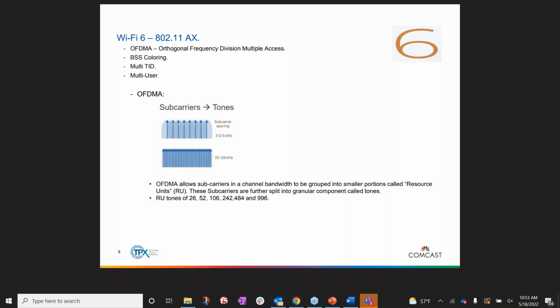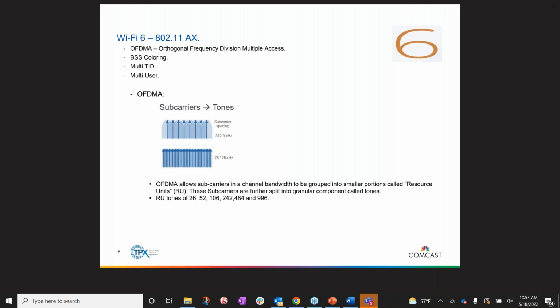AP will decide whether I can initiate a downlink or an uplink. So in this scenario, AP can send traffic to multiple clients as a downstream in a single TX hop, or else multiple clients can send traffic in a single TX hop to the same gateway.